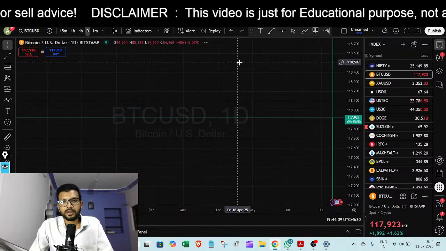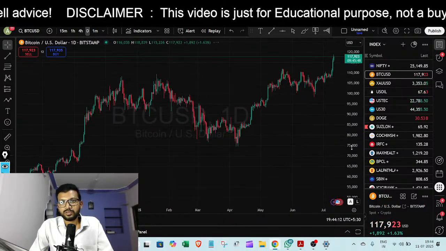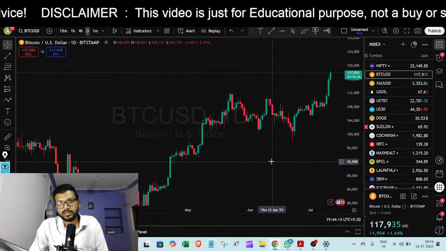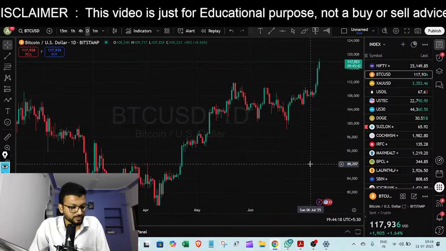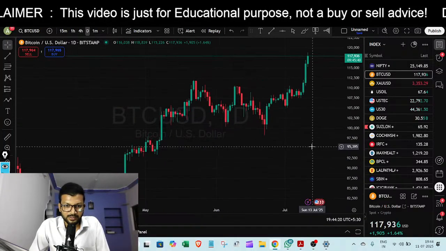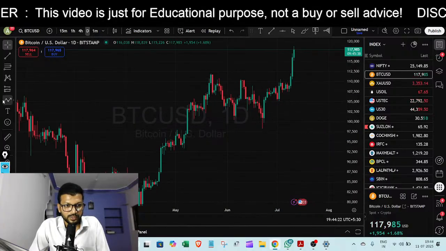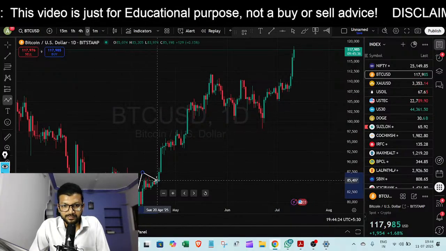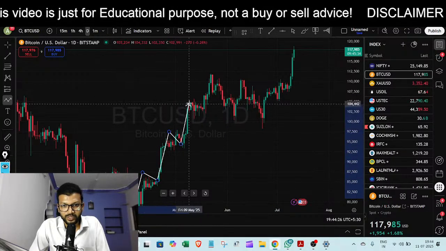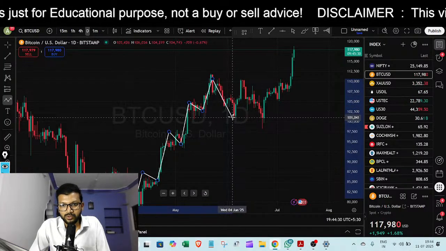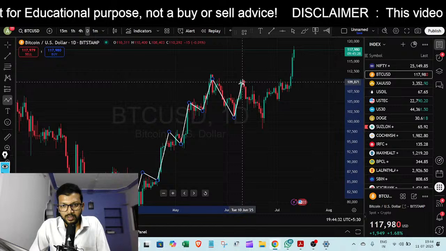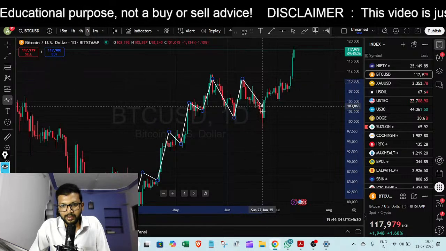And the proper entry for this BTC was when this M pattern failed. Okay, look at this technical analysis, you will get an idea. Here it was making higher highs, I am showing in the 1-day chart. Now this previous low has broken, and again it formed an M pattern.